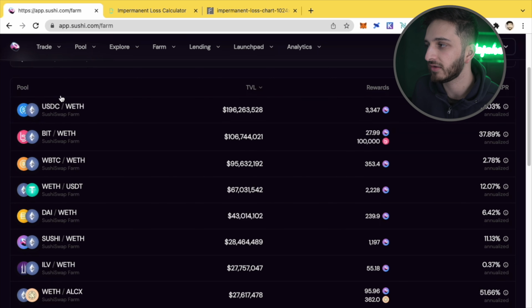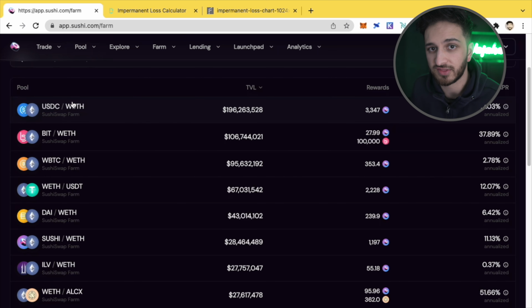Now, remember that the first thing when you provide liquidity is you have to make sure that you provide both of these assets. So, let's say you had only one Ethereum to begin with. Well, you're going to first of all have to sell half of that into USDC so that you can provide liquidity. So just bear that in mind, because you do have to split your assets into two if you've only got one of them.